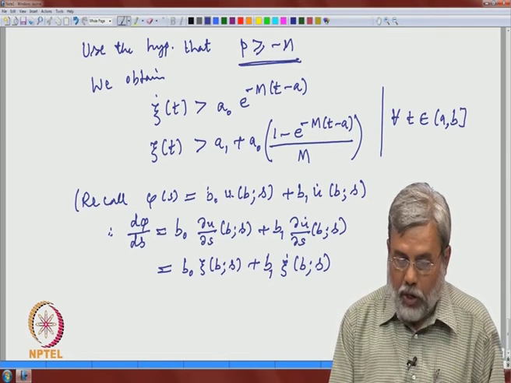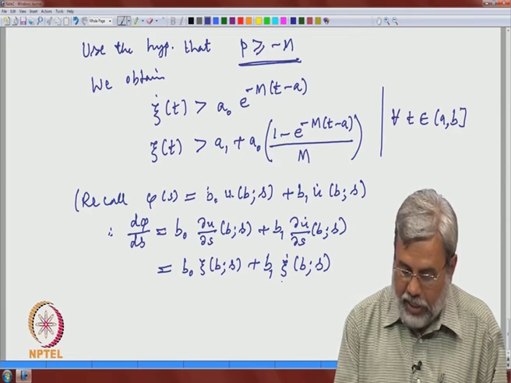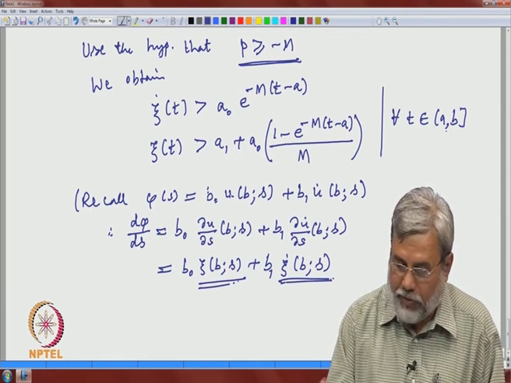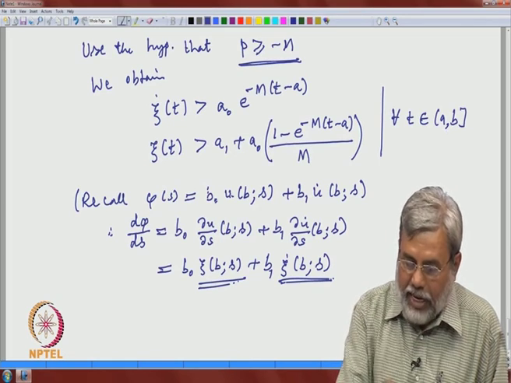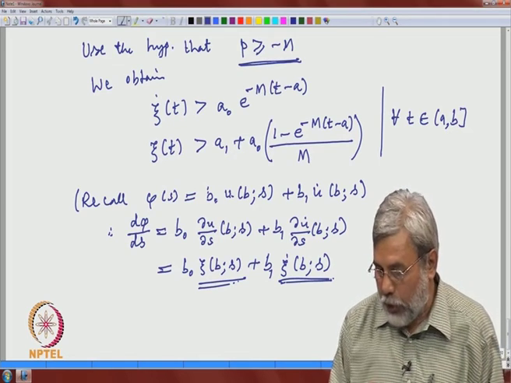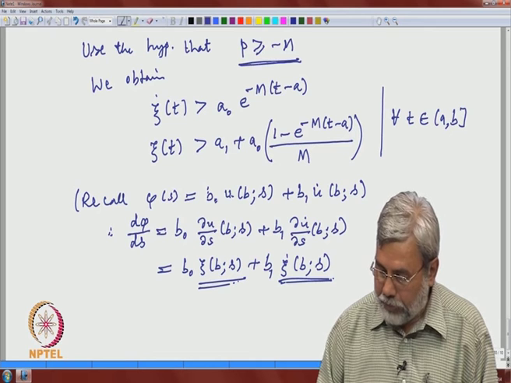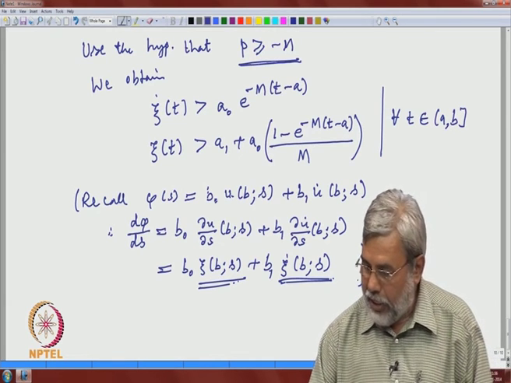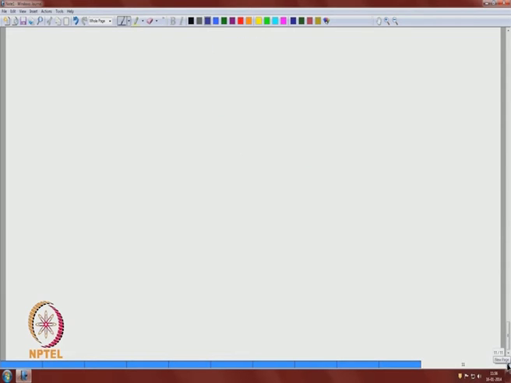So, now we have got the expressions for j and j dot for all t. So, in particular for t equal to b, let us see whether they are bounded away from 0. So, that is our next task.